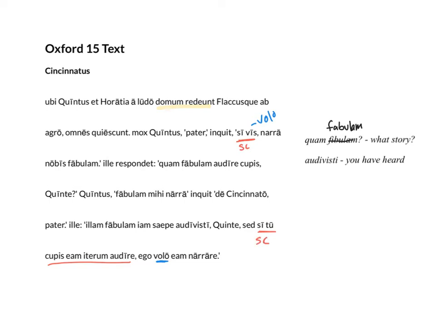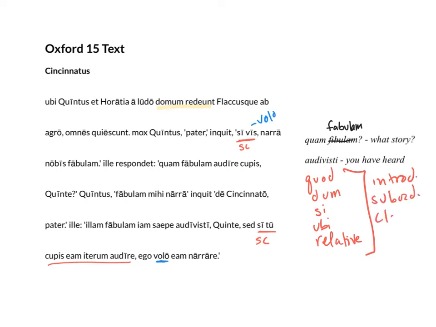And as we're looking here, I actually found a third subordinate clause. So if you remember, the words that you know that introduce subordinate clauses are going to be quod, dum, si, ubi, or a relative.